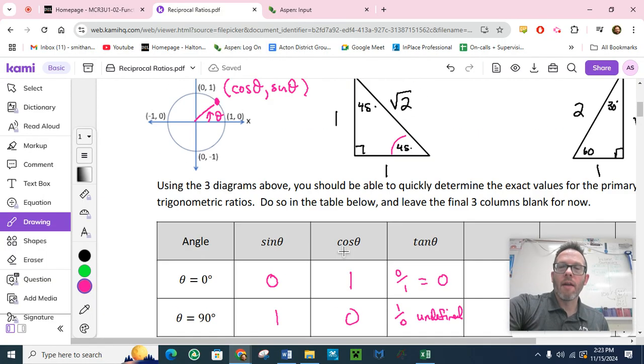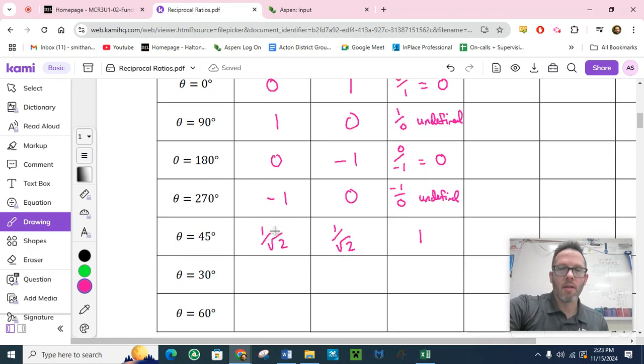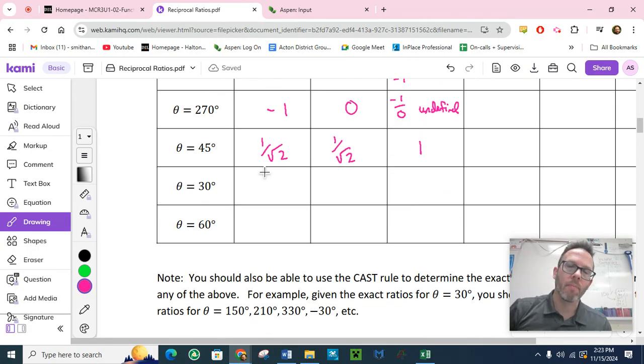All right. And then for 30 degrees, opposite is 1. So the sine of 30 was 1/2. The adjacent was root 3 over 2. And the tan of 30, opposite over adjacent, 1 over root 3. And for 60, things just flip-flop.